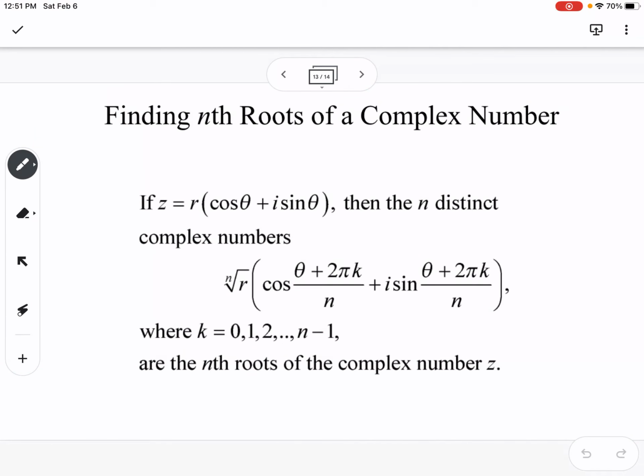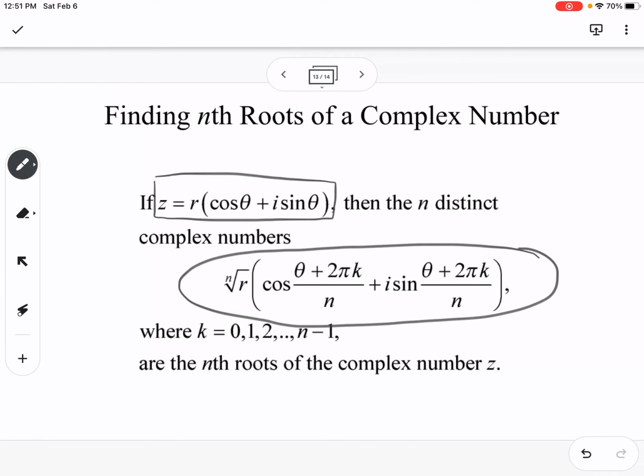If we have, in polar coordinates, z equals r times cosine of theta plus i sine of theta, then the n distinct complex numbers, and this looks super complicated here but we're going to see how this works in a minute, where k equals 0, 1, 2, all the way up to n minus 1, are the n roots of z.